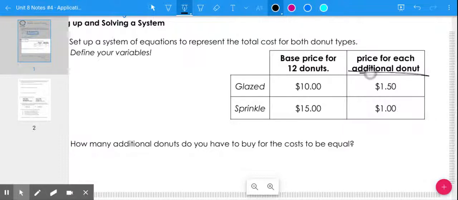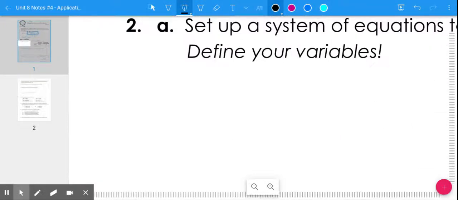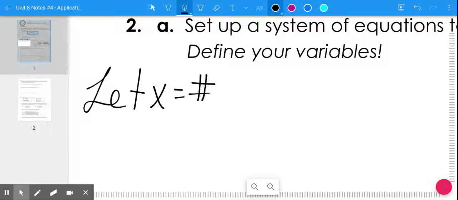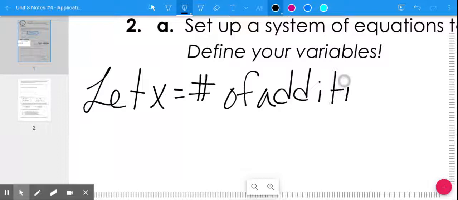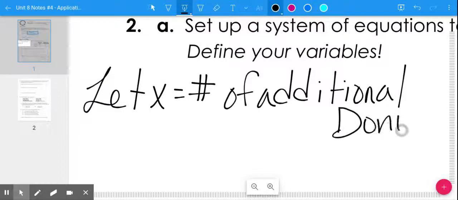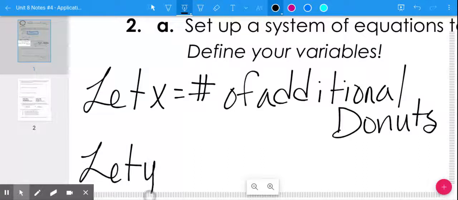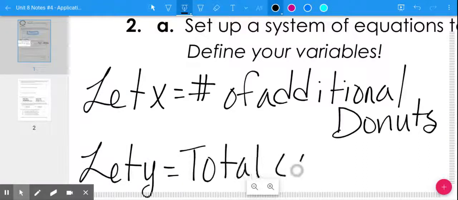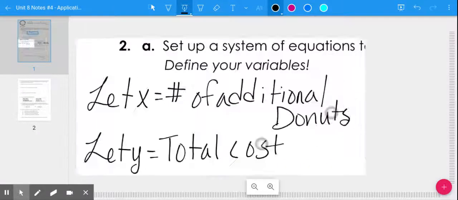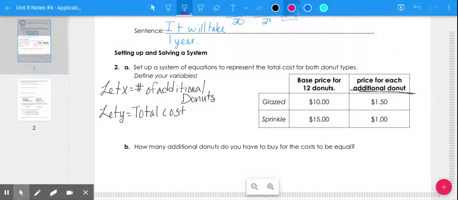Those additional donuts, that's going to be our x. So we're going to let x equal the number of additional donuts. And then we're adding up all of those costs to find our total cost. So we're going to let y equal the total cost. So from here, we can actually set up our system.